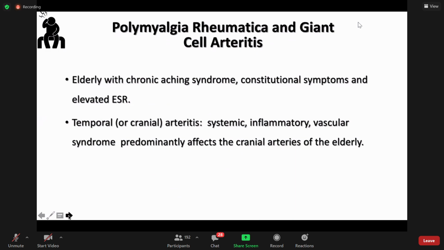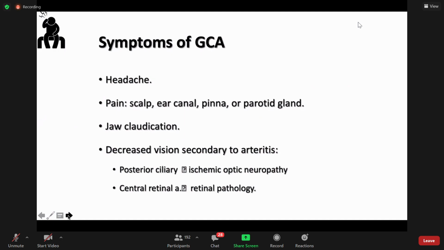Temporal arteritis is another cause for headache in elderly patients, and it's also called cranial arteritis. It's a systemic inflammatory vascular syndrome predominantly affecting the cranial arteries of the elderly. It may cause pain in the scalp, tenderness over the scalp, and jaw claudication.